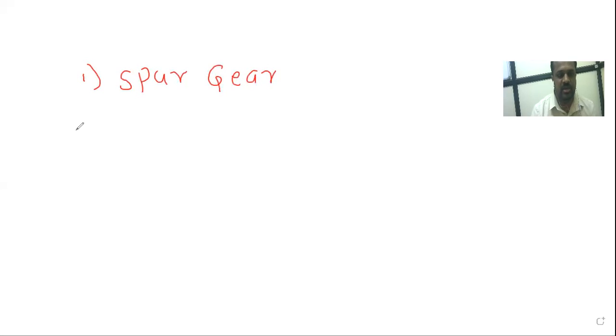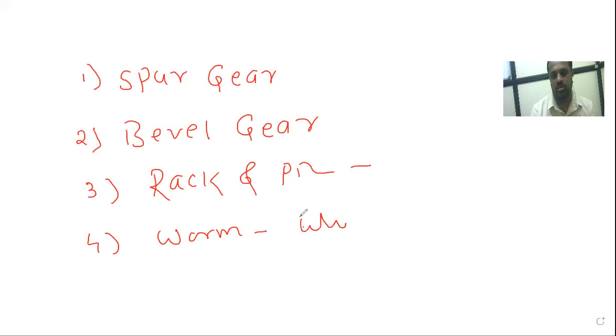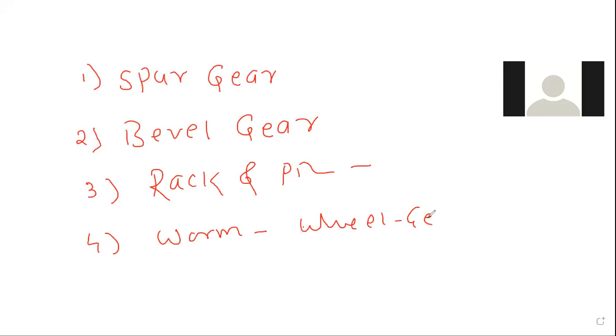Then second, the bevel gear. Then the rack and pinion gear. Then the worm and worm wheel. These are the basic types of gears.